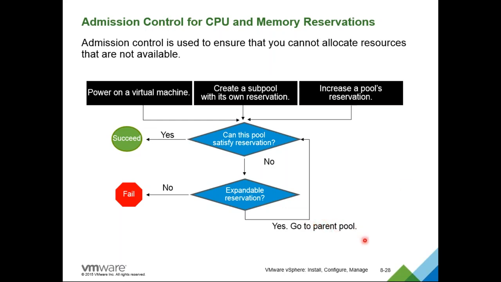And for creating a sub pool with its own reservation, whether a new pool or an existing pool can satisfy it depends on the allocation of your resource pool capacity. It can succeed. So any questions on this slide?